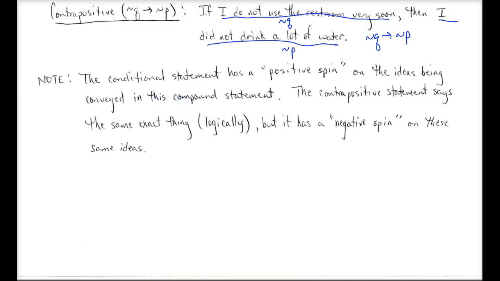And so we'll define what a valid argument is, what a fallacy is, and show how we can actually prove that a particular compound statement structure ends up being either a valid argument or a fallacy whenever we do the truth tables for them.